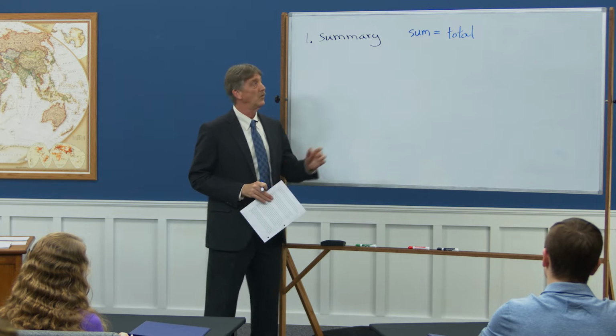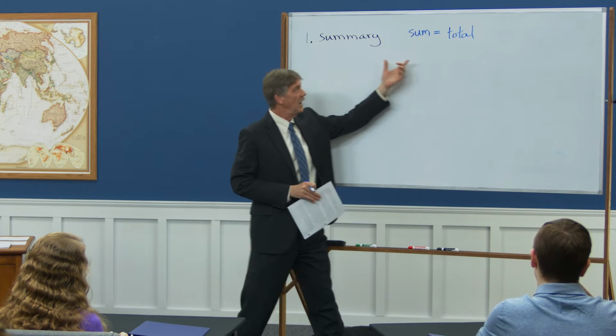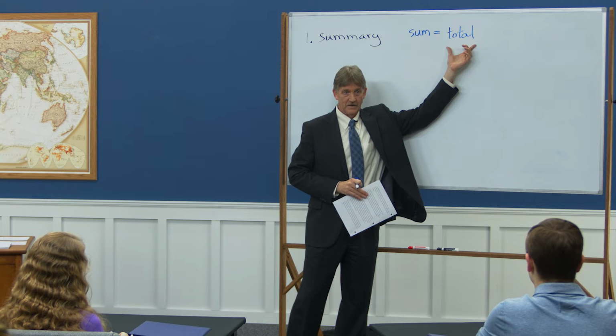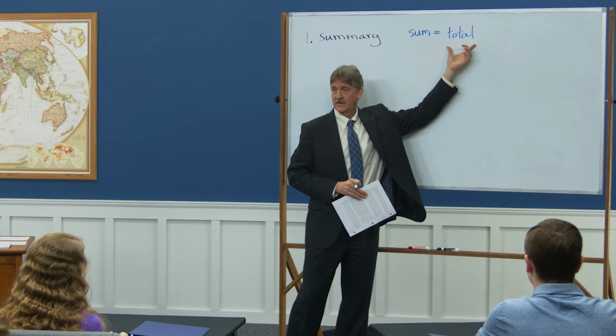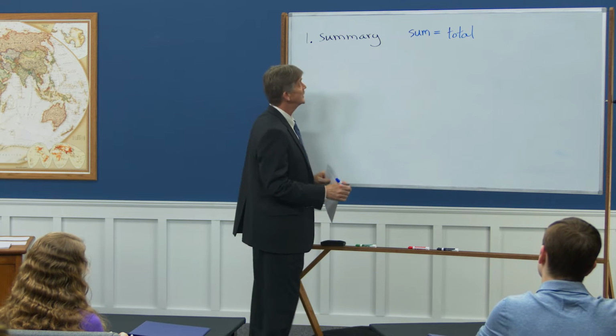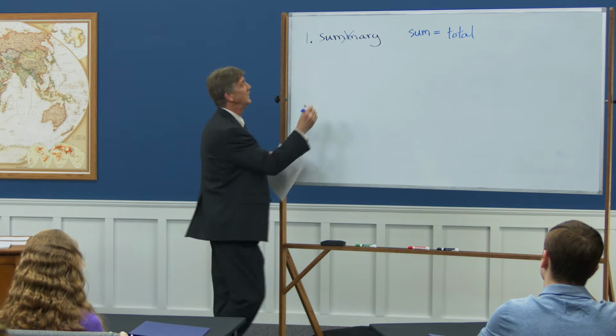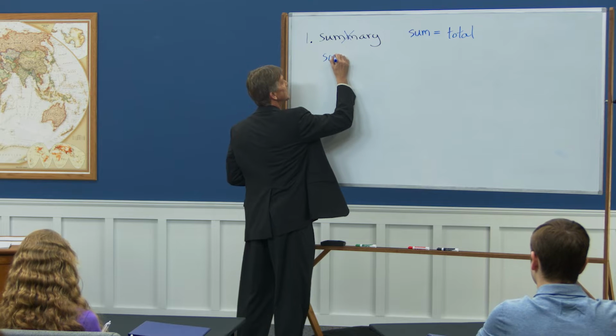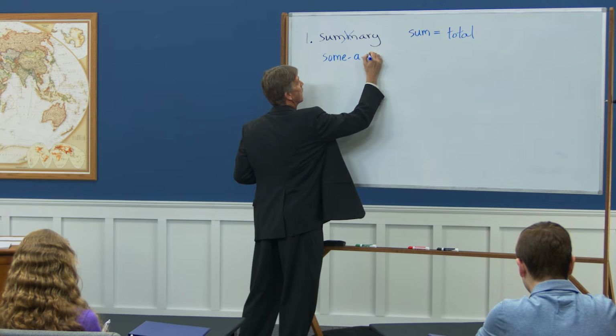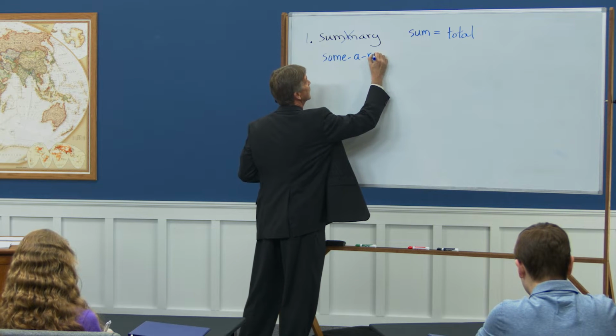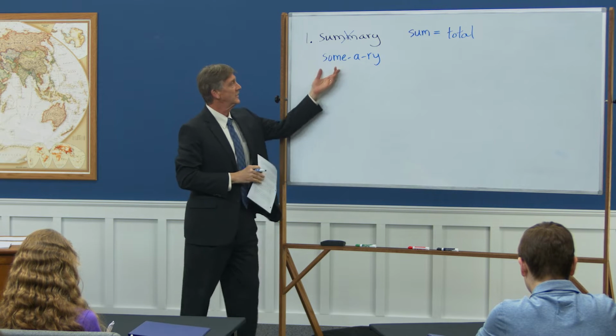Unfortunately, when you are writing a summary, you cannot give all of it. You cannot give the total of it. You can only give some of it, which is why, correctly spelled, this word should look like this. It's a summary.